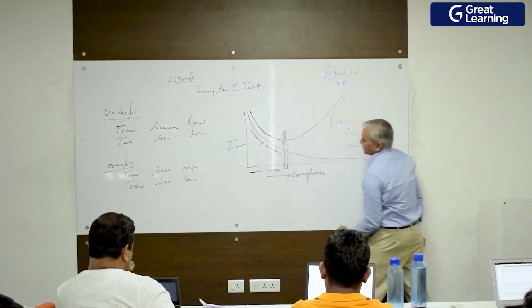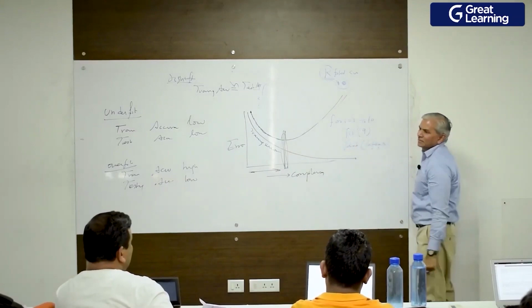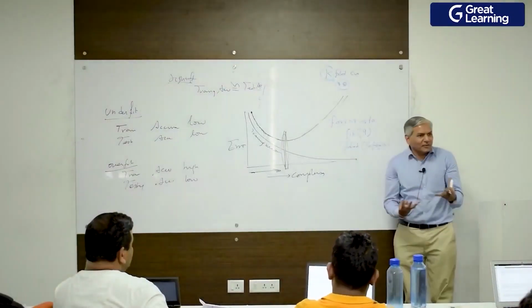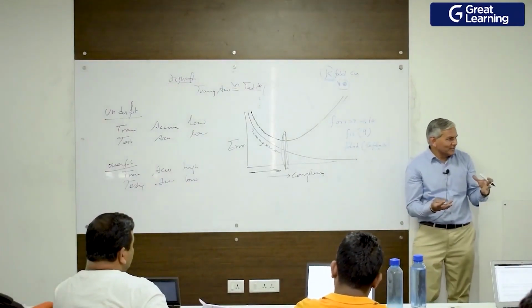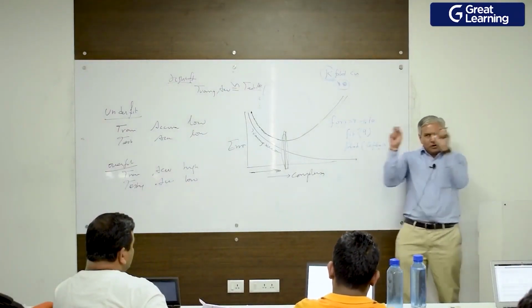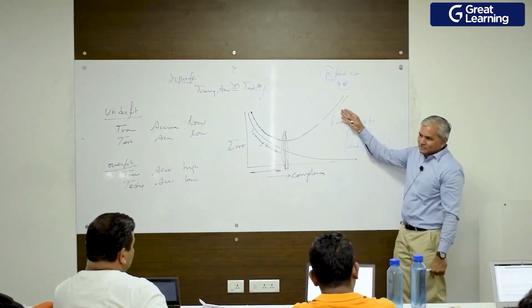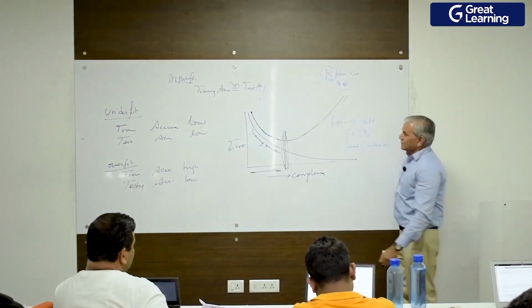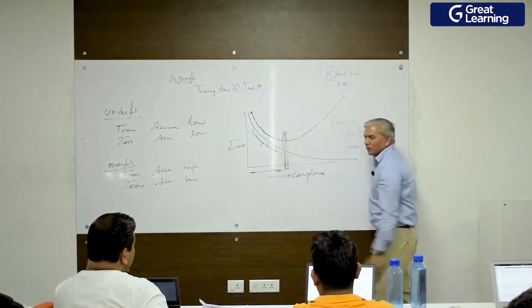Below this it's underfit, above this it's overfit. In this situation, your model has absorbed all the noise in the training set and become very complex. When you take that model to the test data, it bombs. Error is very high on test data. So this is the point you want to check.